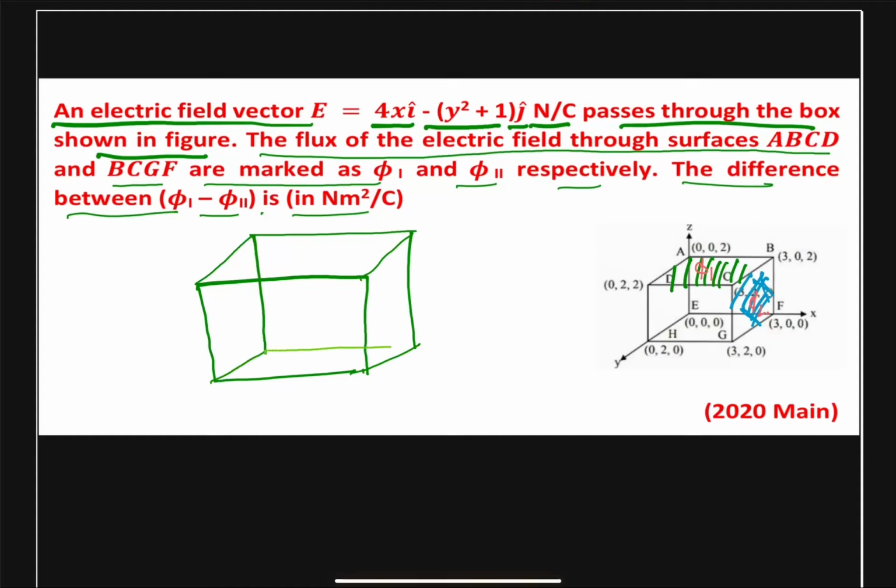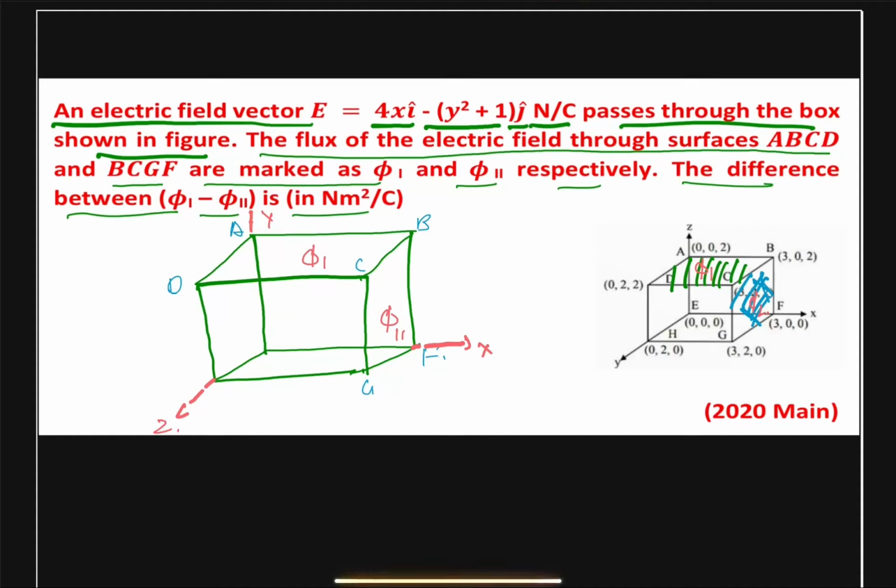And we are interested in two surfaces, that is A, B, C and D, and next is our B, C, G and F. Here we are given phi1 and this is given as phi2, and axes, so this is our y and this is our z.